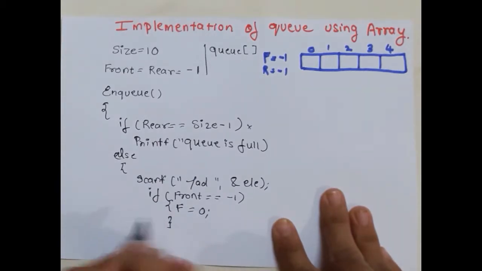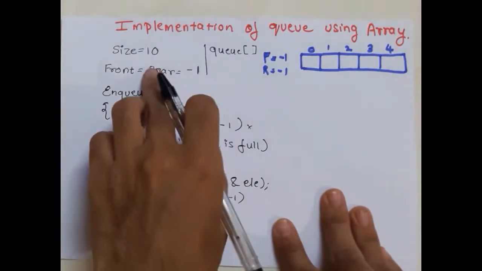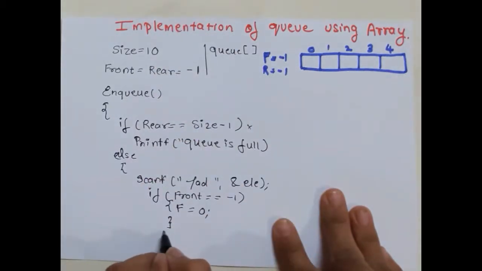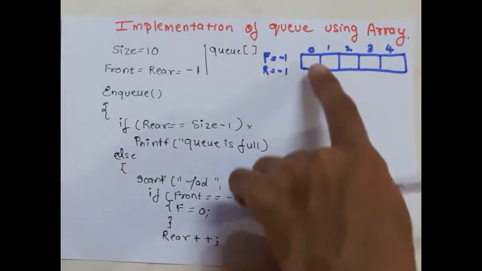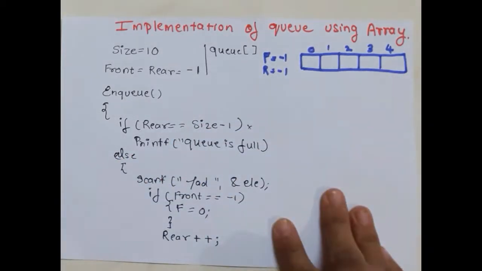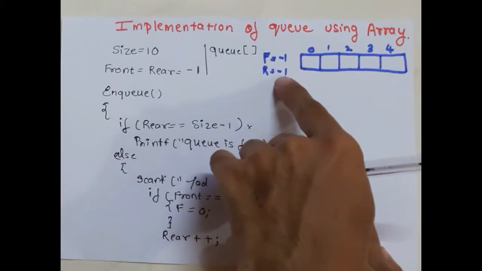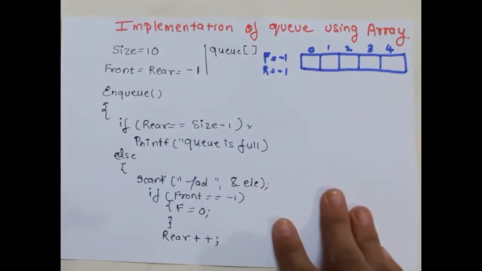And for inserting an element, that is for performing the enqueue operation, we have to update the rear. Rear is at -1, and now we have to insert the element at the 0th position. For that reason we update rear, so rear will be equal to 0 and the element will be inserted here.